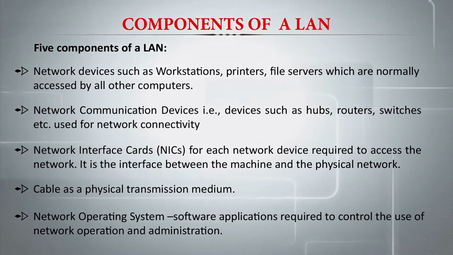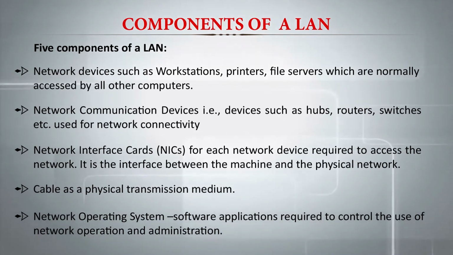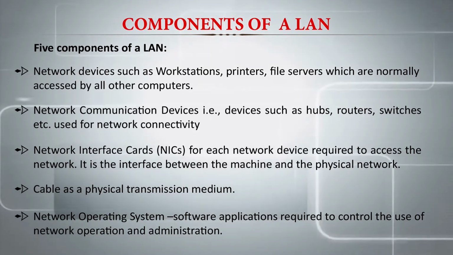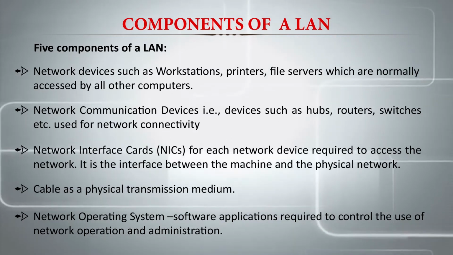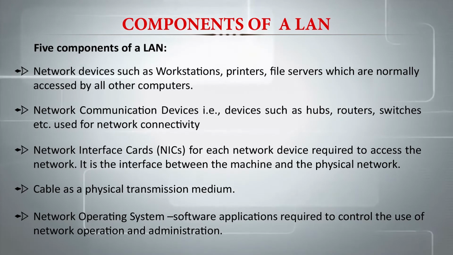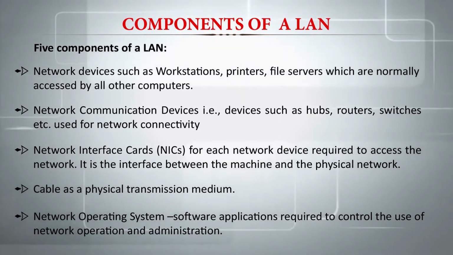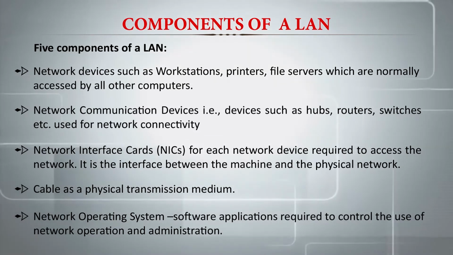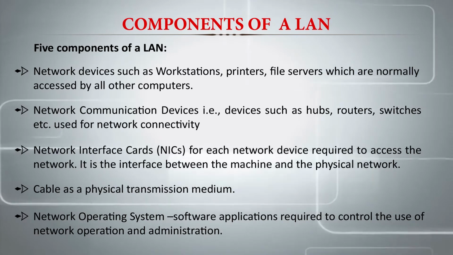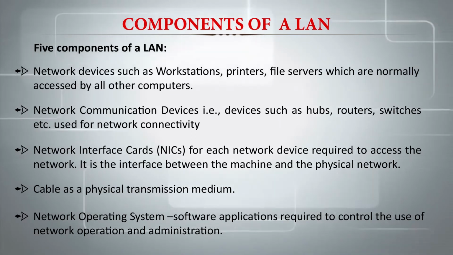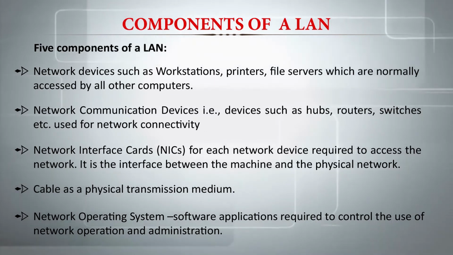Earlier, traditional operating systems didn't support network connectivity, but today most operating systems support it. Transmission media can be wireless or wired. An interface card is required. Then you require connecting devices, and finally you require file servers or printers or workstations, your own system. So these all make a local area network.